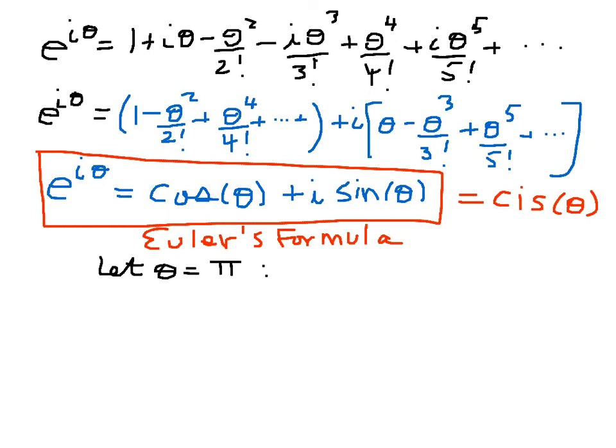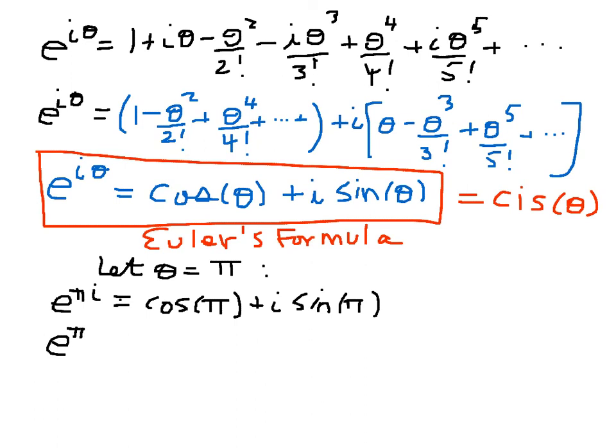We get e to the pi i is equal to cosine of pi plus i times the sine of pi. And what that gives us is e to the pi i is equal to minus 1 plus 0. And so we finally get this result, that e to the i pi plus 1 is equal to 0.